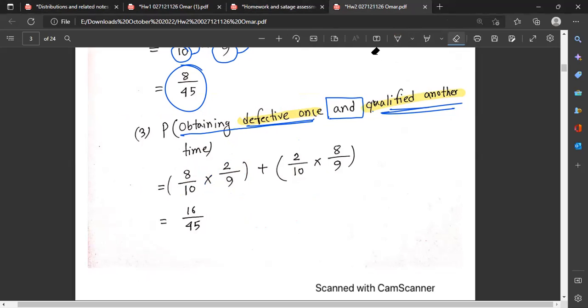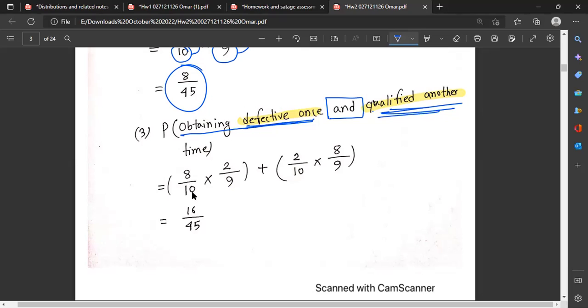Or we can also say qualified once and defective another time.